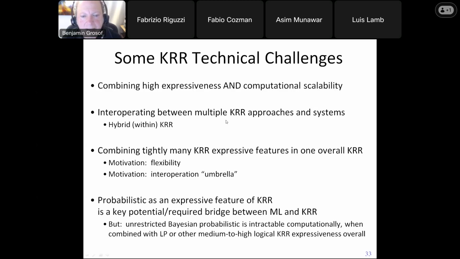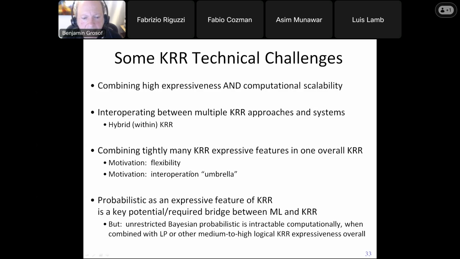Interoperating between multiple KRR approaches and systems is also a major set of challenges in KRR. And so standardization is important. Realizing the relationships semantically between different KRRs, which are originally described differently, has been key to the progress in and success to date of knowledge graphs and other things in the semantic web, for example. Combining tightly many KRR expressive features in one overall KRR, one motivation for that is flexibility.